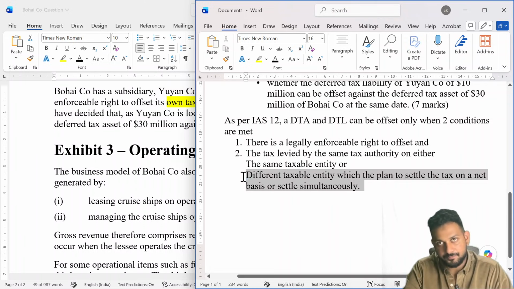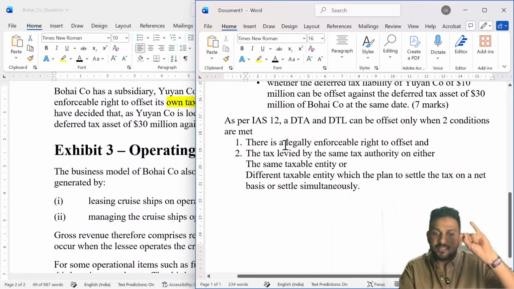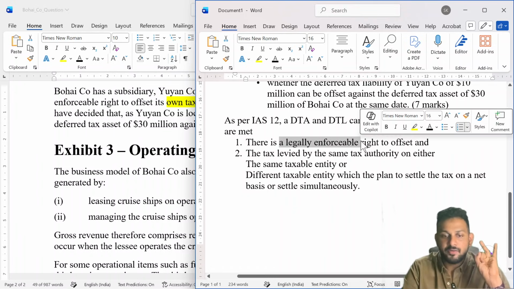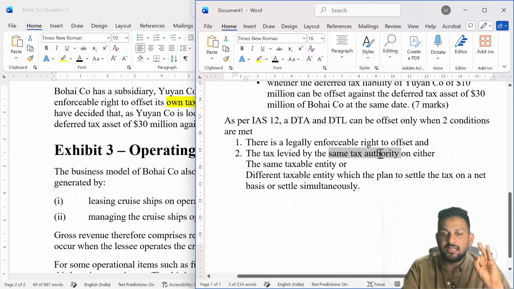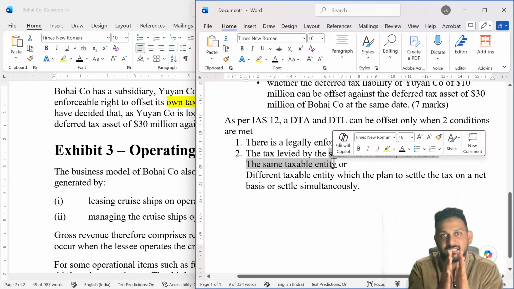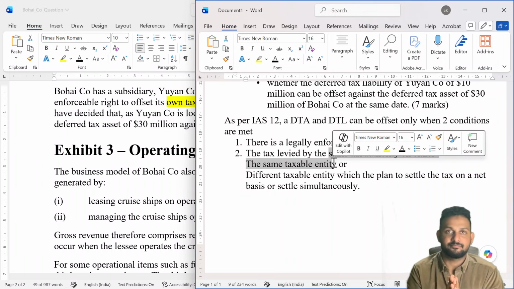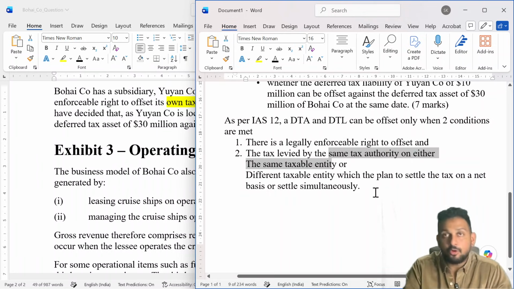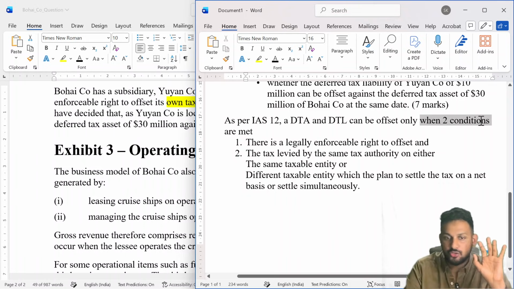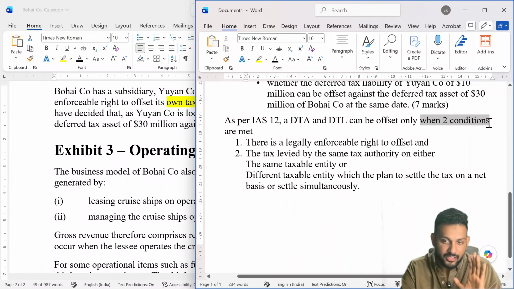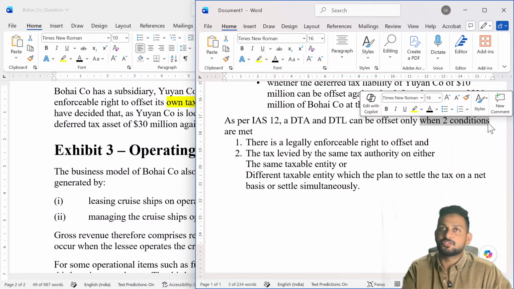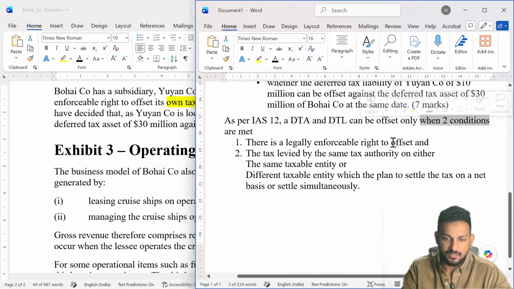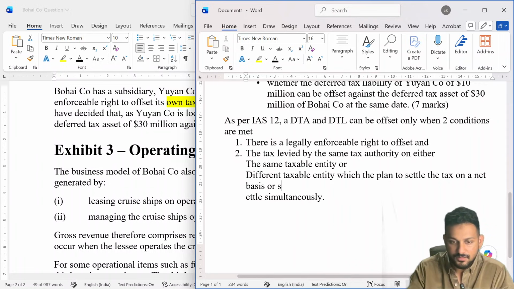So we can confirm that legally it's not possible, and also that they're in the same tax authority, but they are not the same taxable entity because both companies are taxed separately, not together. So both conditions are not met. The condition says that both conditions should be met, not any one of the conditions. So here both conditions are not met, so the netting is not possible. It's not allowed. It's very simple.